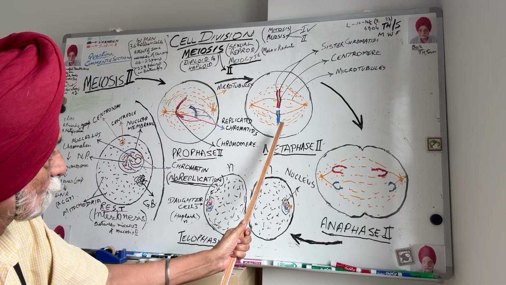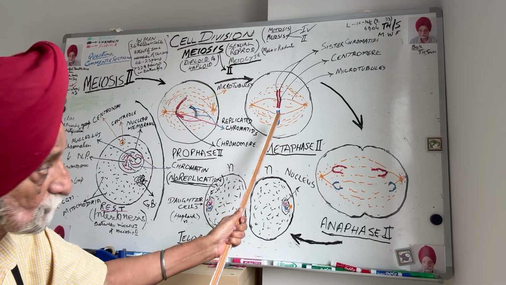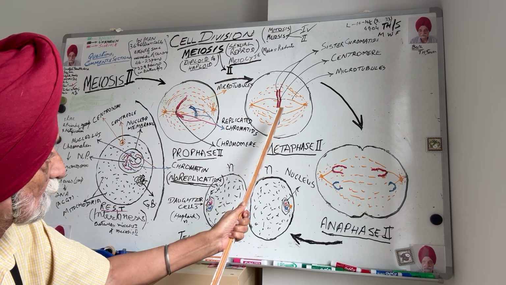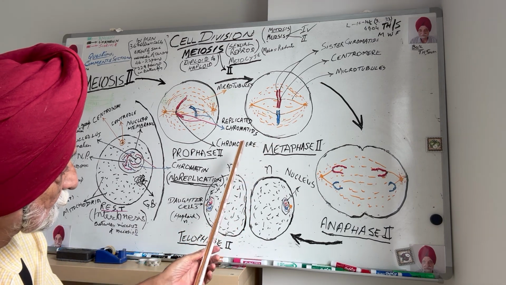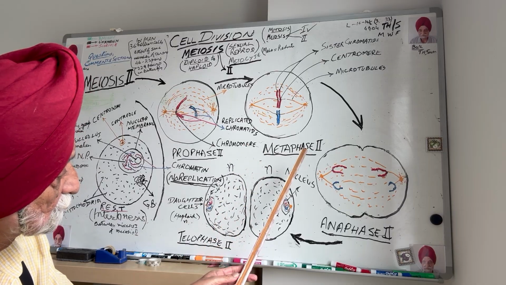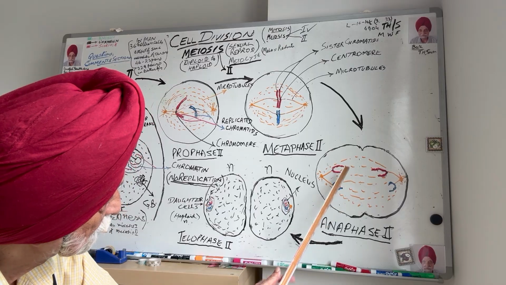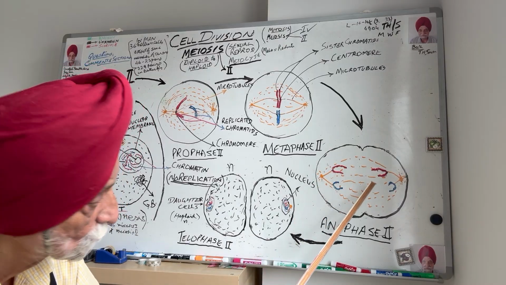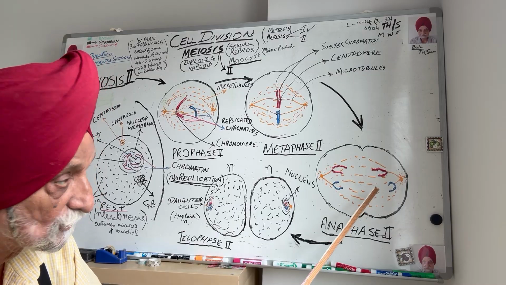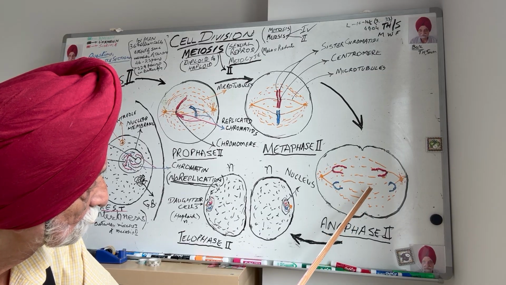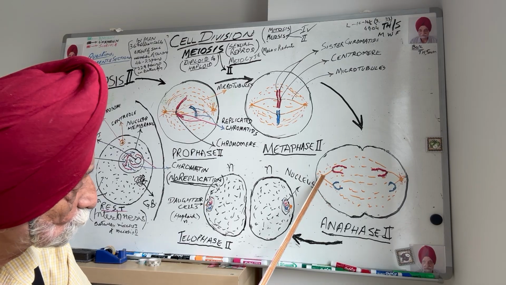And in anaphase, the microtubules contract and the chromosomes are pulled towards the respective poles in such a way that the chromosomes come close to the centriole.